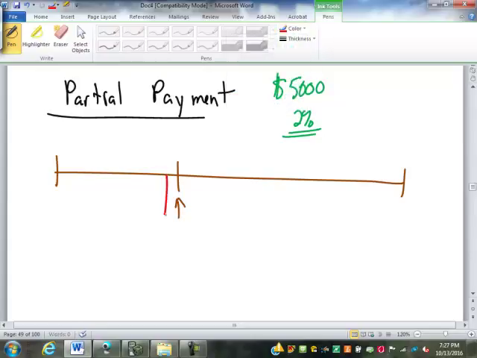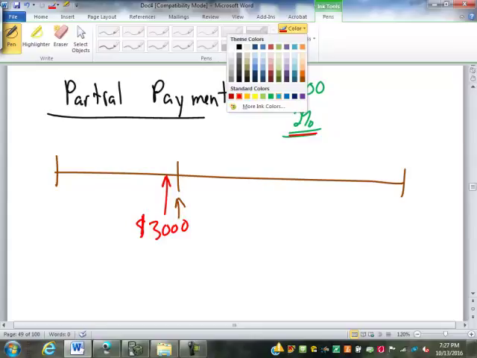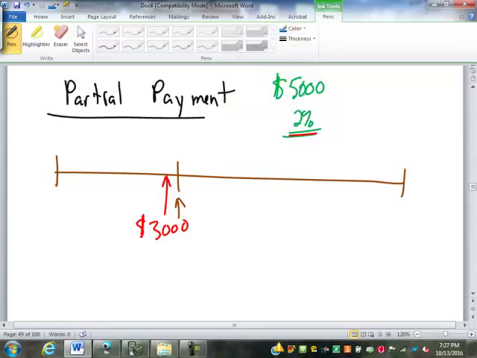I get to this point right here, though, and I don't have $5,000. So I'm going to pay as much as I can so that I can still get some of that discount. Let's say I managed to pay $3,000. Here's the tricky part, the amount that I'm going to get credited for.